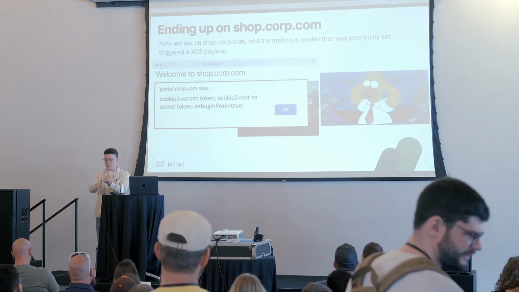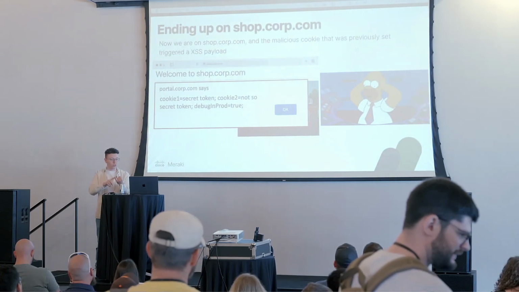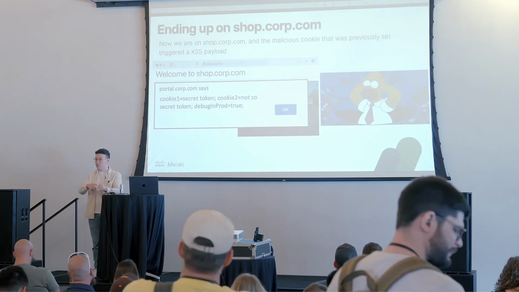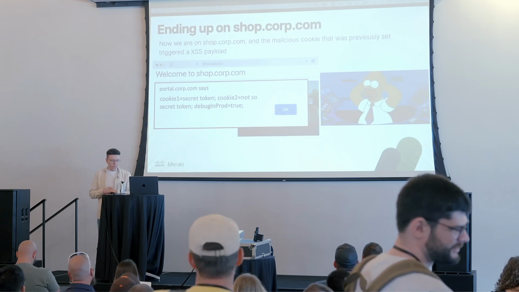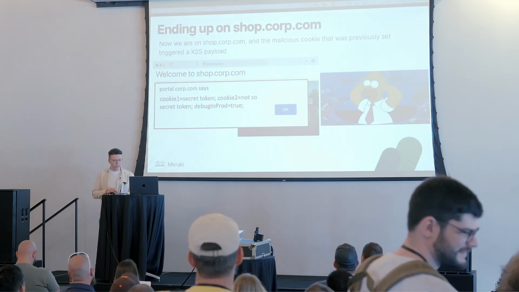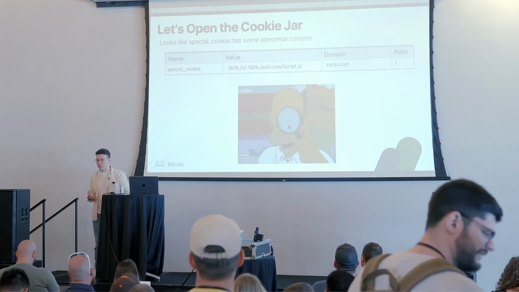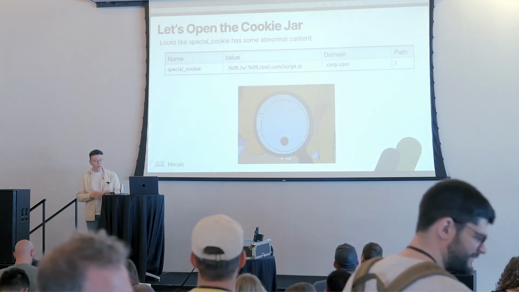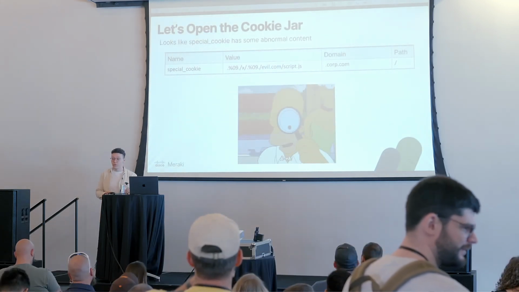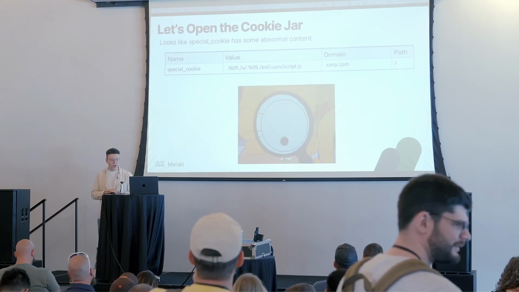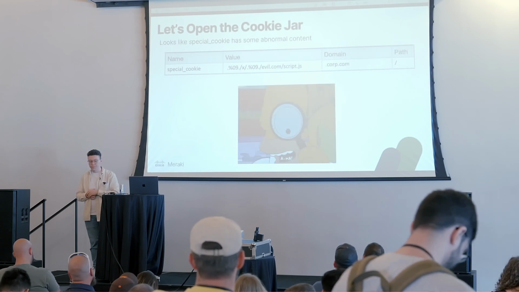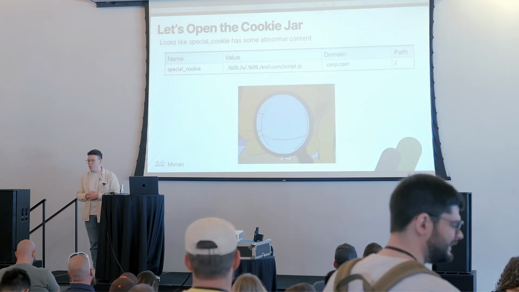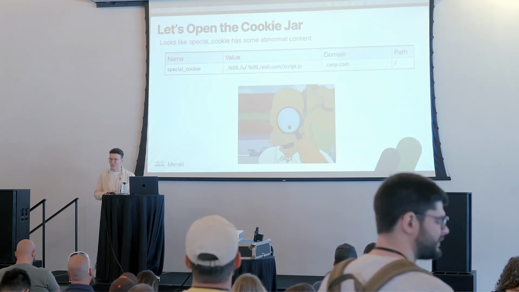I was on the portal, then I got transferred to the shopping site, and then all my cookies got dumped. This is really interesting. If we take some time and open up the cookie jar and see what's going on, that first cookie that was set in the initial reflected cross-site scripting vector went ahead and set special cookie with some really strange content. And this highlights the rest of the investigation that we're going to go through together.